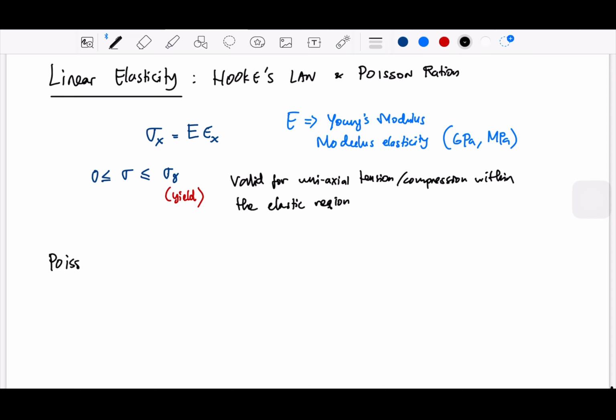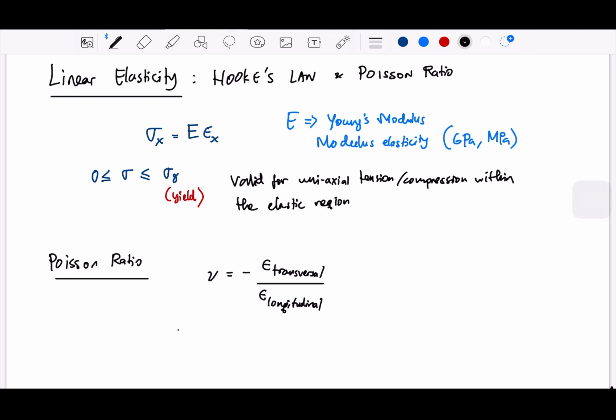But the one that you need to take care of is the Poisson ratio. Why make ratio with n? The Poisson ratio, usually we write with this symbol, is equal to the negative strain in the transverse direction over the strain in the longitudinal direction.